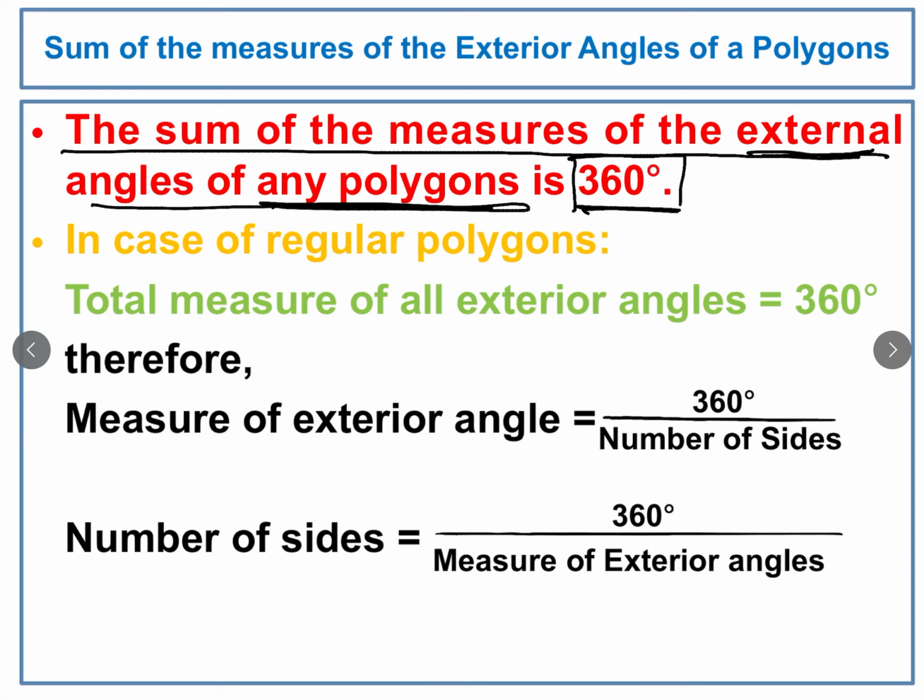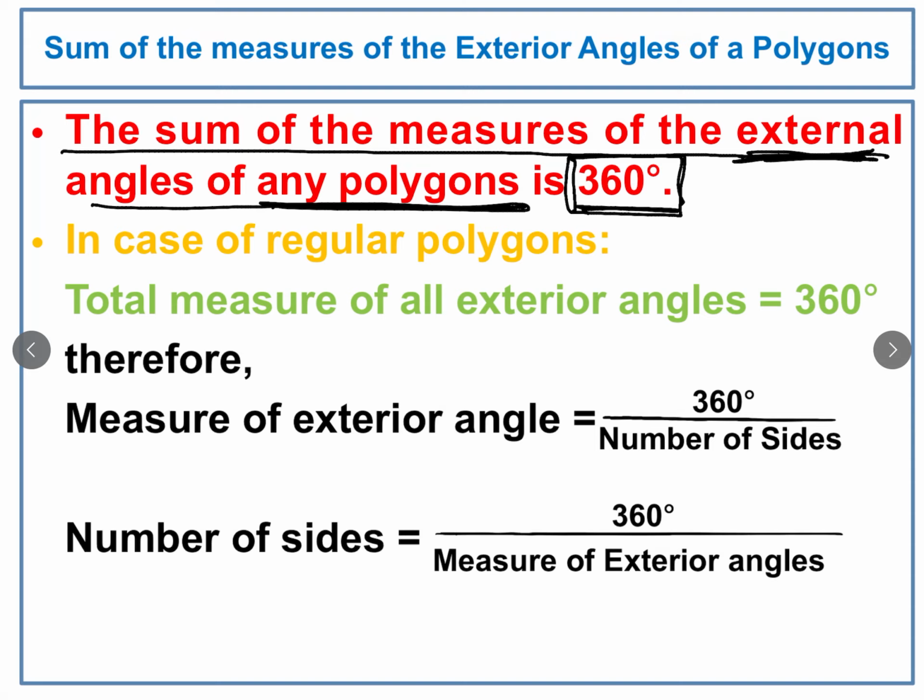So the sum of all the exterior angles of a polygon is fixed, which is 360 degrees, irrespective of the number of sides. Whether it's a regular polygon or an irregular polygon.